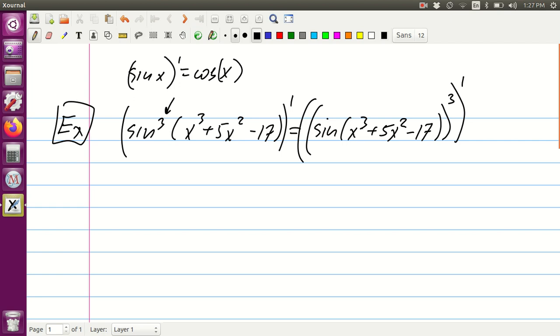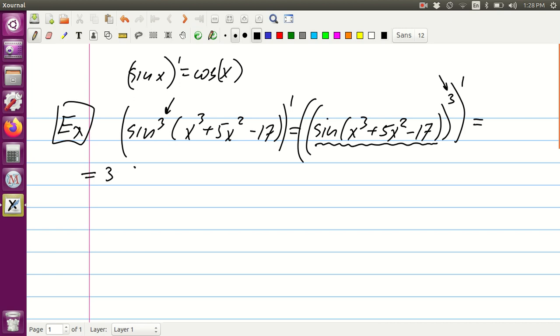We would calculate x cubed, then 5x squared, then subtract 17, then calculate sine, and the last thing we would do is cube it. Conclusion: the cube is the outside function, and sine of x cubed plus 5x squared minus 17 is the inside function. According to the chain rule, we have to use the power rule first.